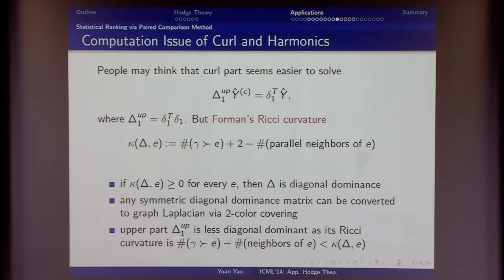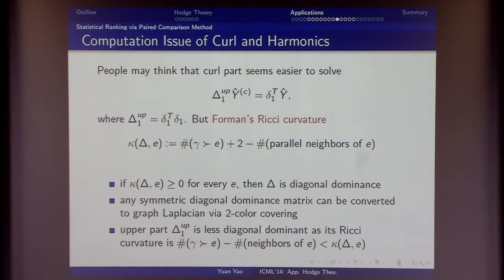But why might the upper part be harder to solve than the whole one Laplacian? If you look at the upper part, its Ricci curvature is always smaller than that of the whole one Laplacian. So it tends to be more negative than the diagonally dominant one.